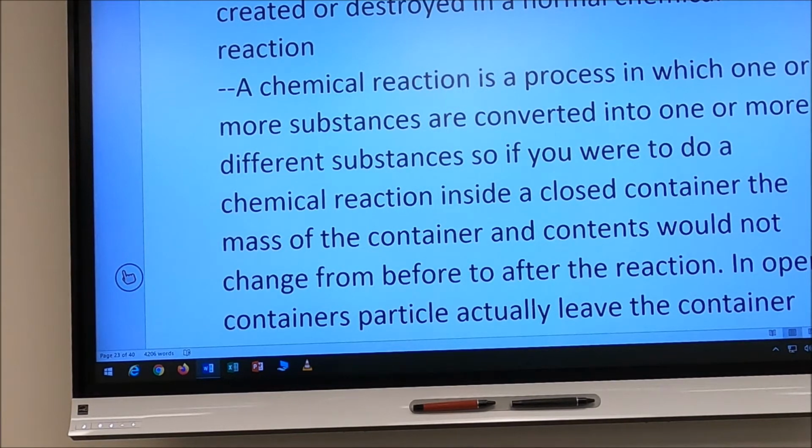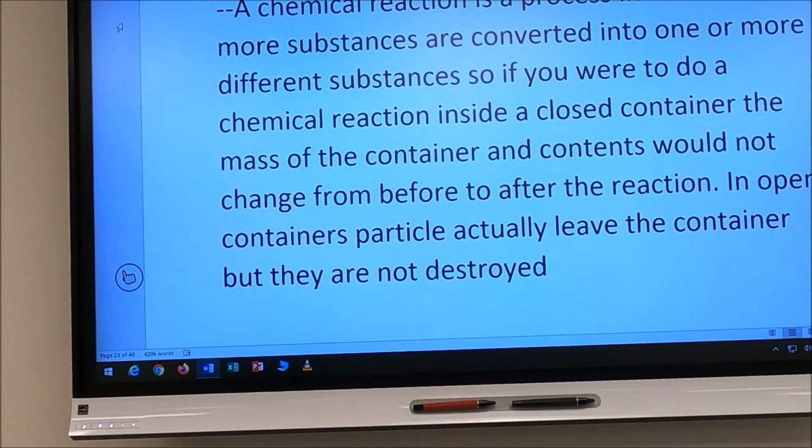That the chemical process takes one type of substance and converts it into two or more different types of substances, but that the actual mass didn't change, which means that matter was conserved. Okay? So you have as many atoms after a reaction as you do when you start a reaction.